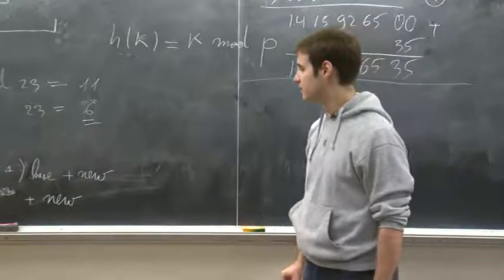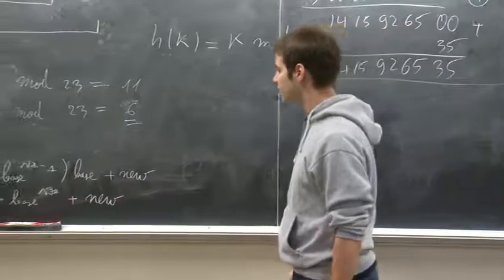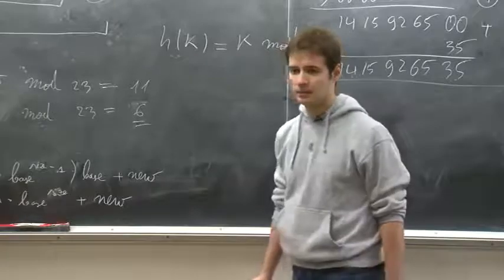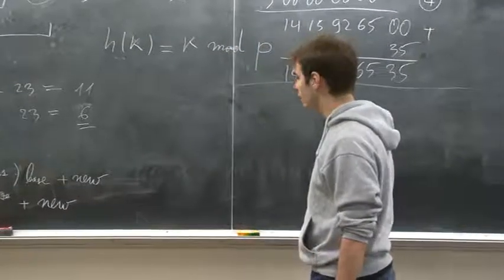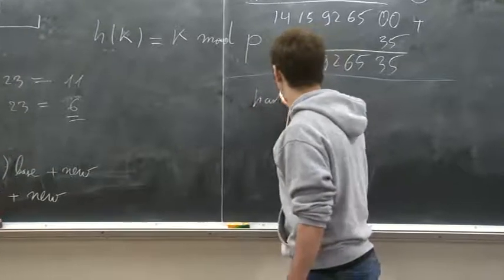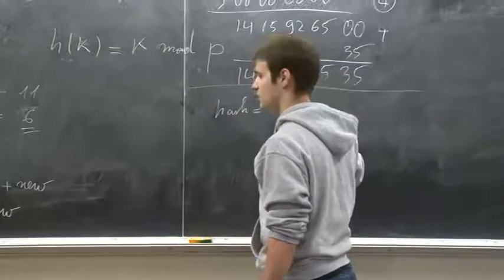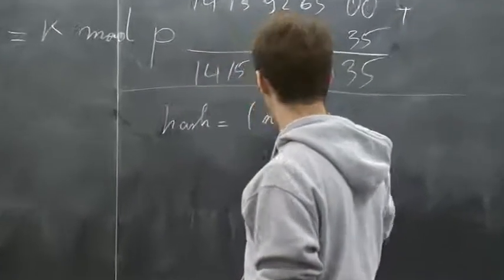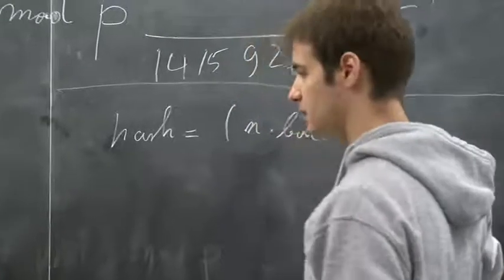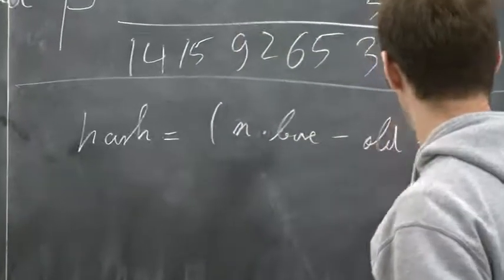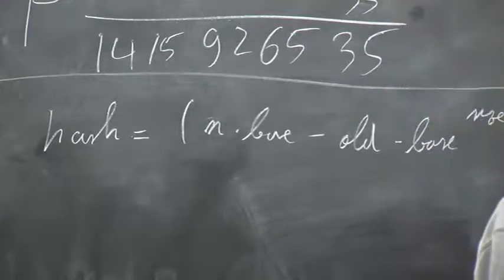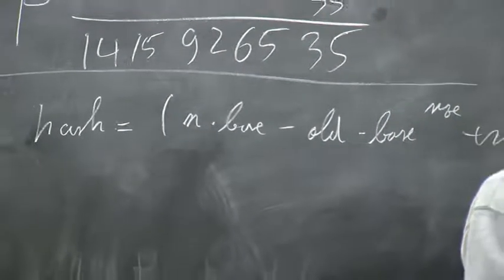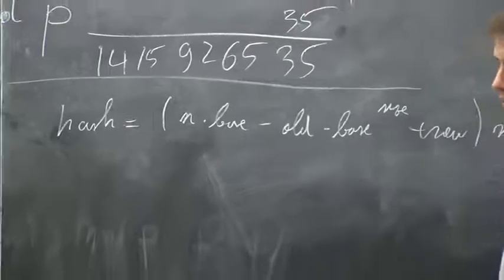Mod 23, very good. So in a general way, I would say mod p. Alright. OK, so hash is n times base minus old times base to the size plus new, mod p.